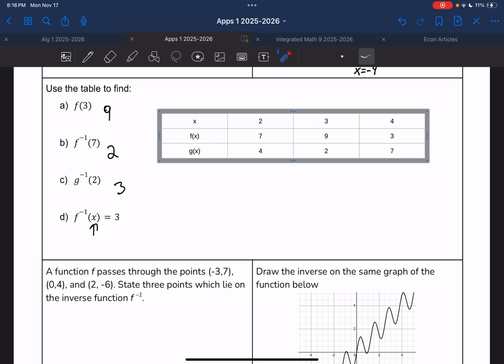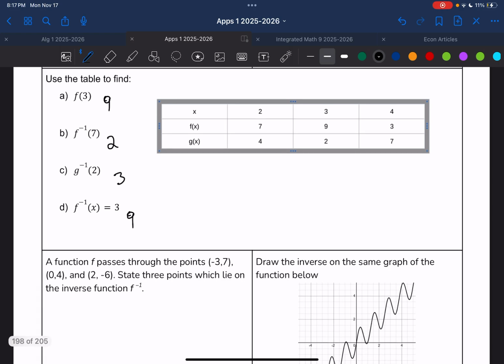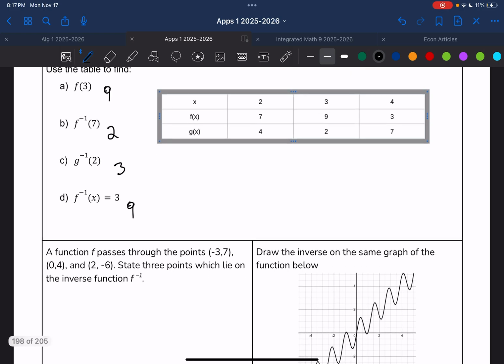And if we look here, we can see that if we input 3 into the original function f of x, then we output 9. And that means if we input 9 into the inverse function, then we're going to output 3. So because f of 3 equals 9, f negative 1 of 9 has to equal 3.